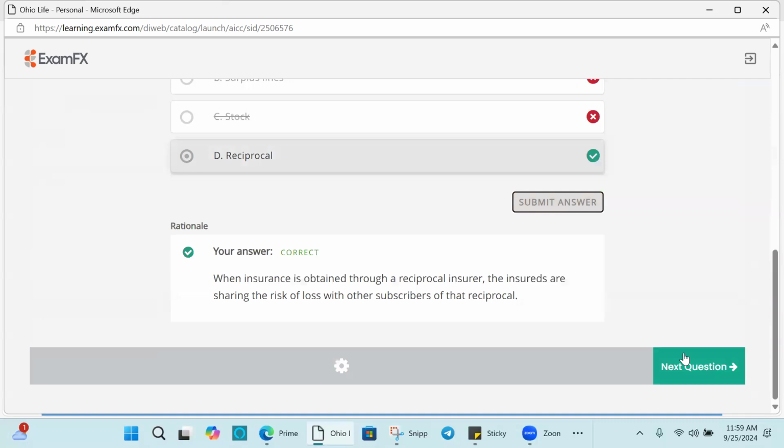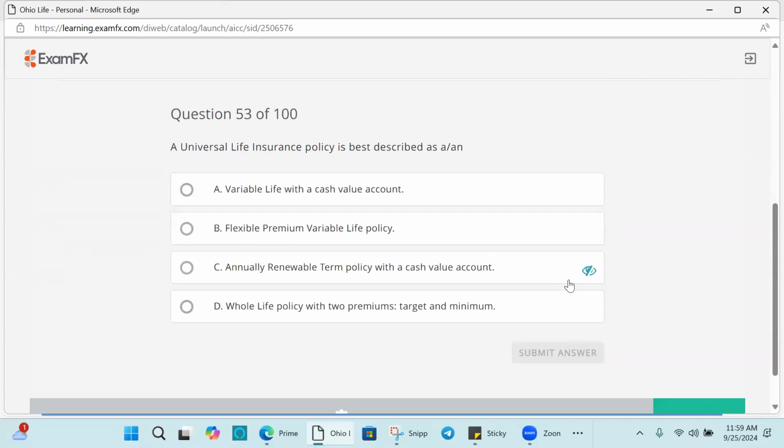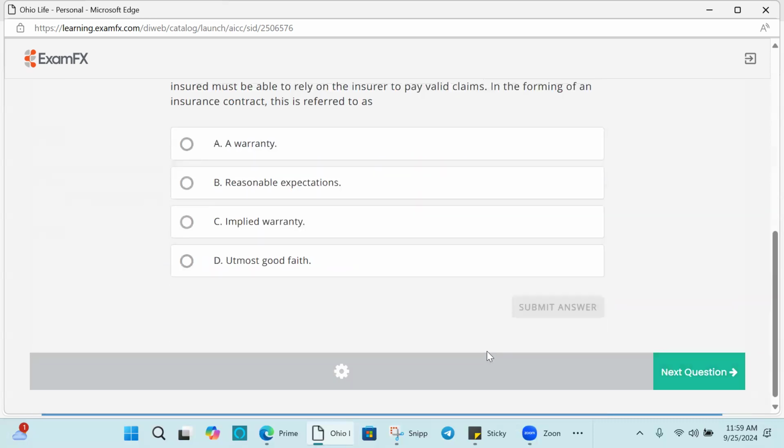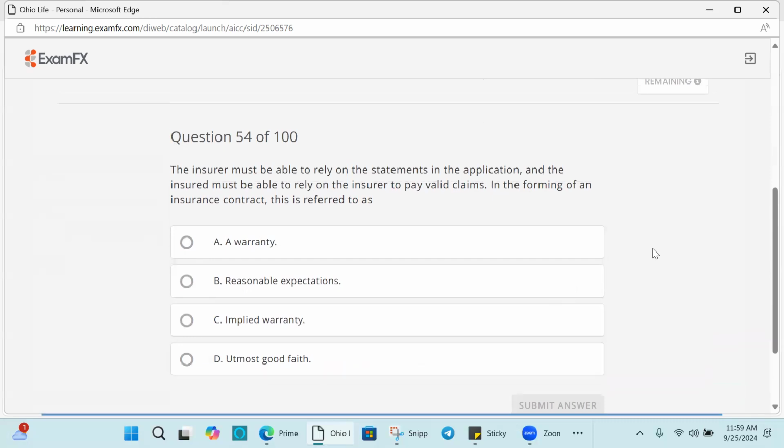A universal life insurance policy is best described as a variable life with a cash value account, a flexible premium variable life policy, or an annually renewable term policy with a cash value account. I'll go with this one. This is crazy. They call it whole life, they call it whatever, but it's a term insurance every single year.